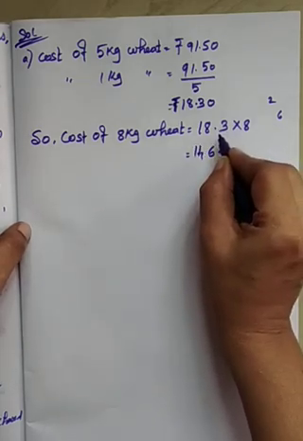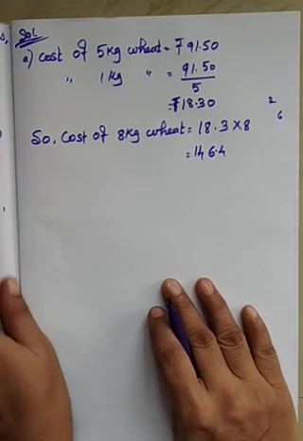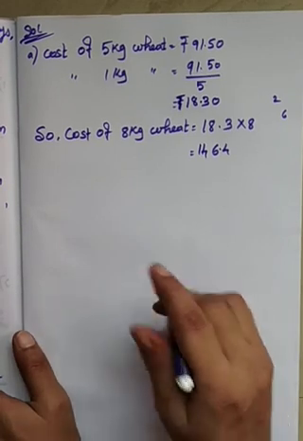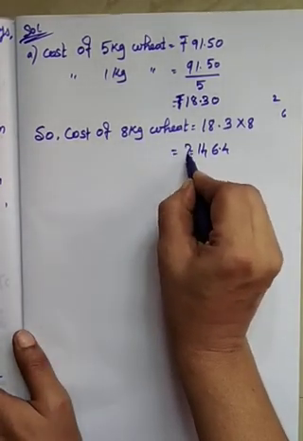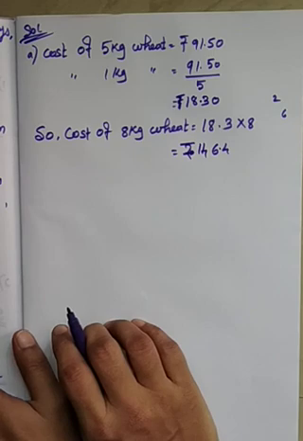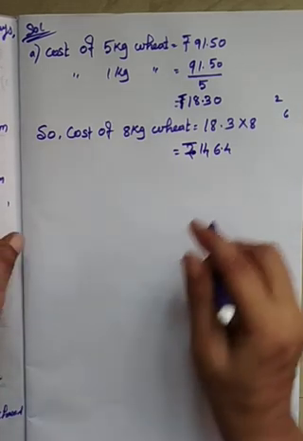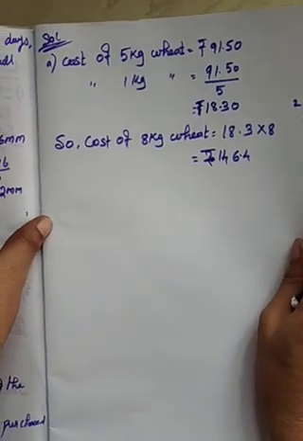See here, so your answer is 146.4. That means the cost of 8 kilogram wheat is rupees 146.40. Okay, 40 paise. 146 rupees 40 paise.